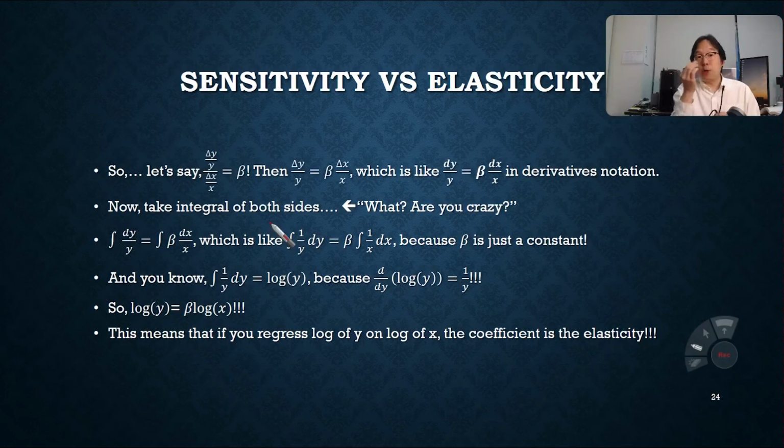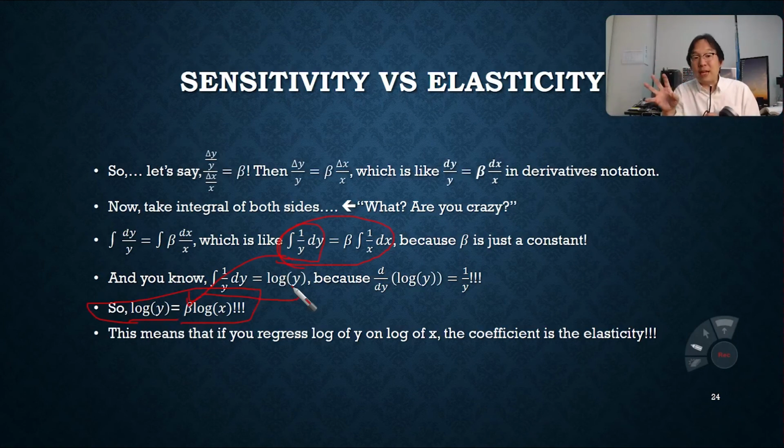So we did that on this part. So log of y should be beta times log of x. How come that happens? Well, this one becomes this, because on the left-hand side, you integrate 1 over y, that will be log of y.